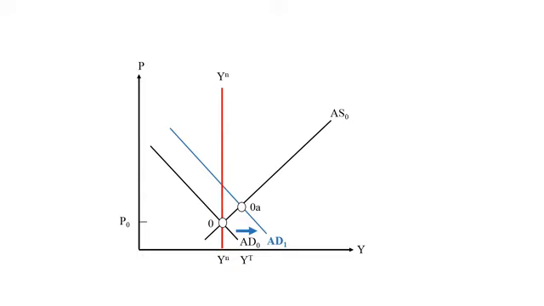If the unemployment rate selected as the target was between 4.5 and 5.5%, which represents the natural unemployment rate, no problems will arise. However, since the 4% unemployment rate at the YT production level is lower than the natural unemployment rate, wages will increase and the aggregate supply curve will shift to the left and become AS1.